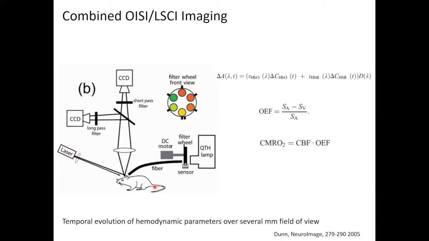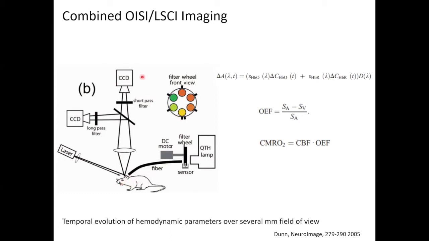The instrumentation is extremely simple here compared to some of the stuff that we work with. You use a laser for the coherent light source for your laser speckle contrast imaging. You can use a broadband light that's filtered at different wavelengths, as was done here, or you could use an array of LEDs so that you can essentially strobe the tissue surface with different wavelengths.